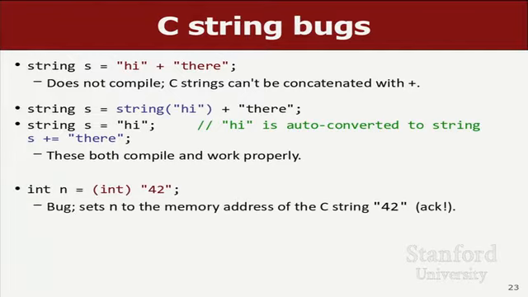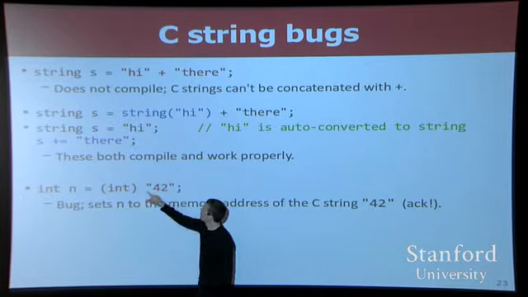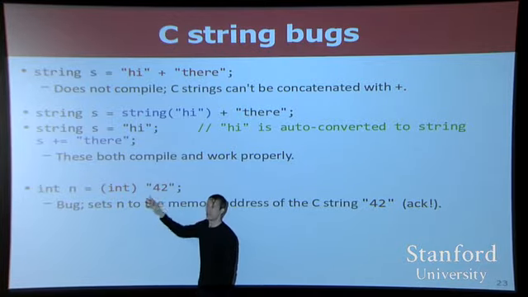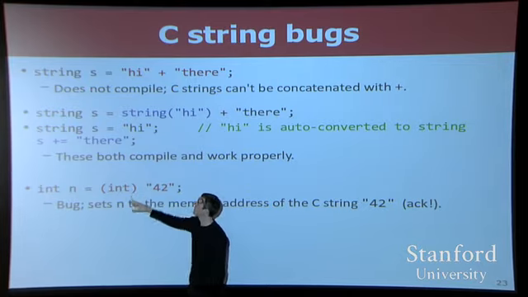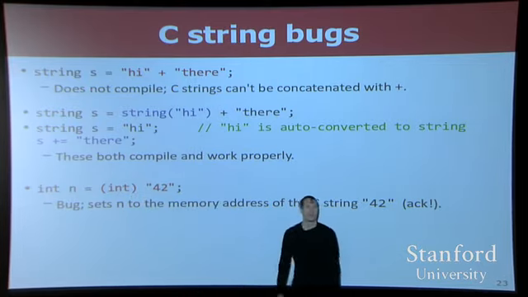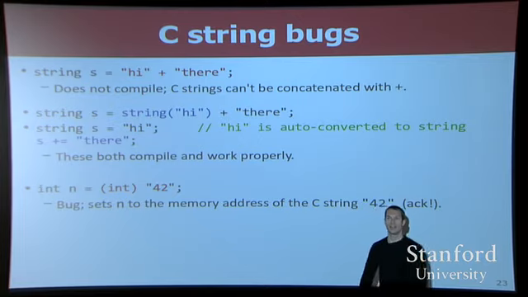There's some other funny stuff that happens with strings that is related to the whole C string versus C++ string thing. Here's a funny example. Sometimes you want to convert from strings to numbers or back again. So you say, I've got the string "42", and I want it to be an int of 42. You know, I want to store the number 42 in int n. So I typecast, I cast from string to int. And you know what's funny about that is it's not an error.